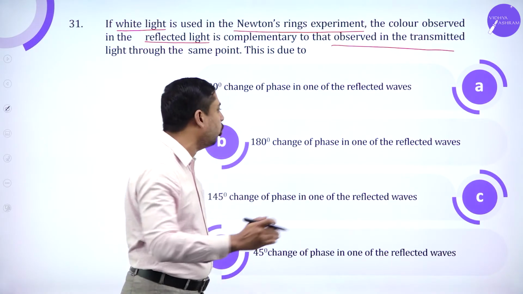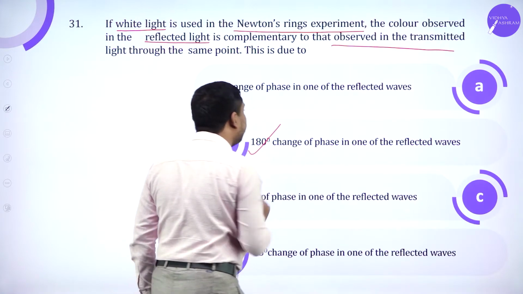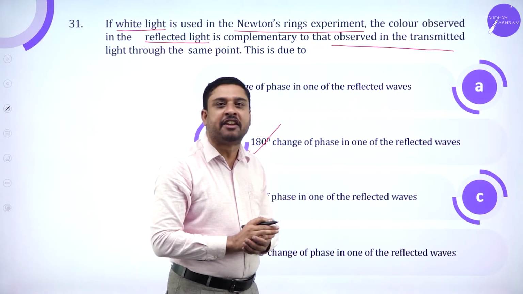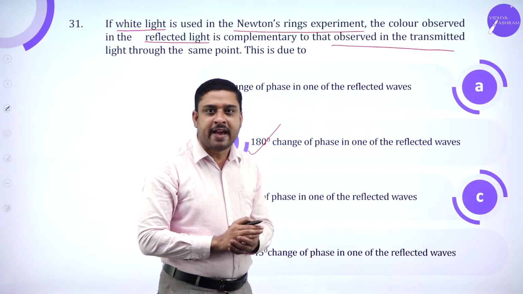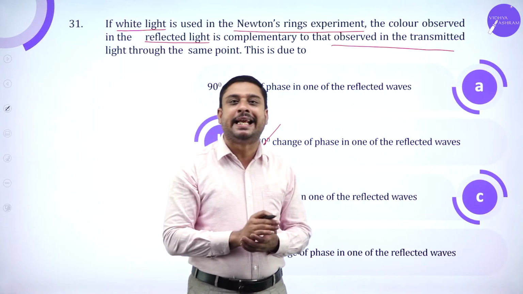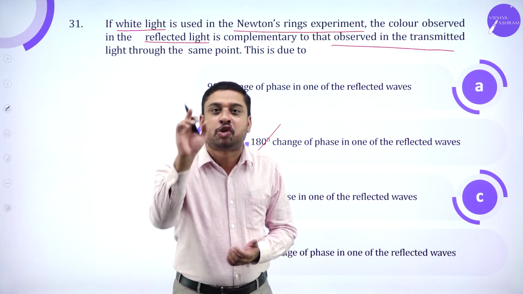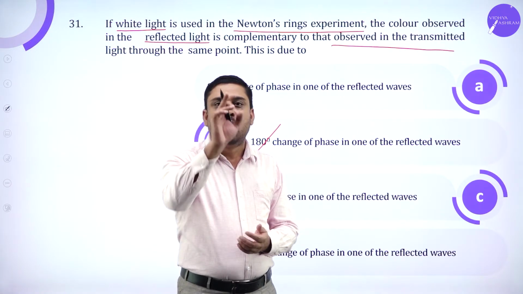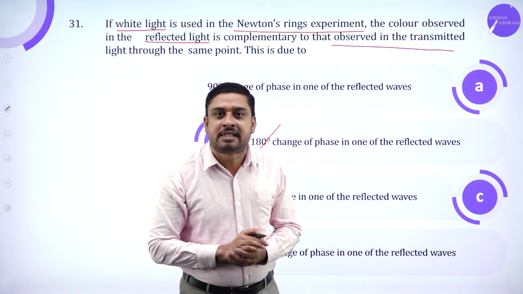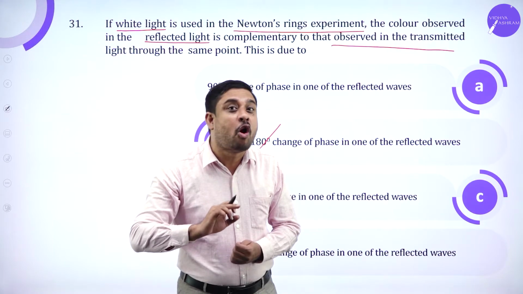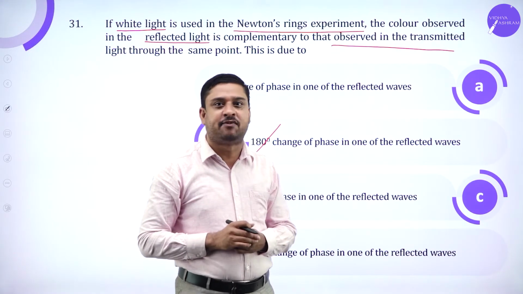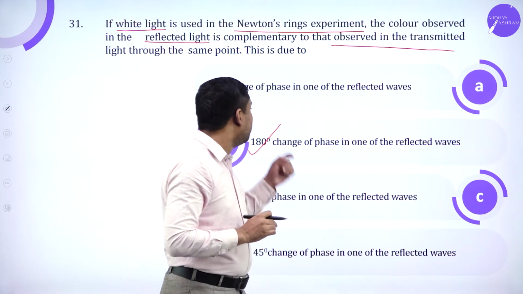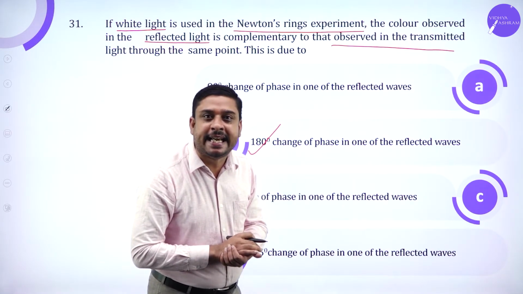This is due to a 180 degree change in phase of one of the reflected waves. Always in Newton ring experiment, circular interference pattern is formed. When white light is used, one of the reflected waves will always be out of phase by an angle of 180 degrees.